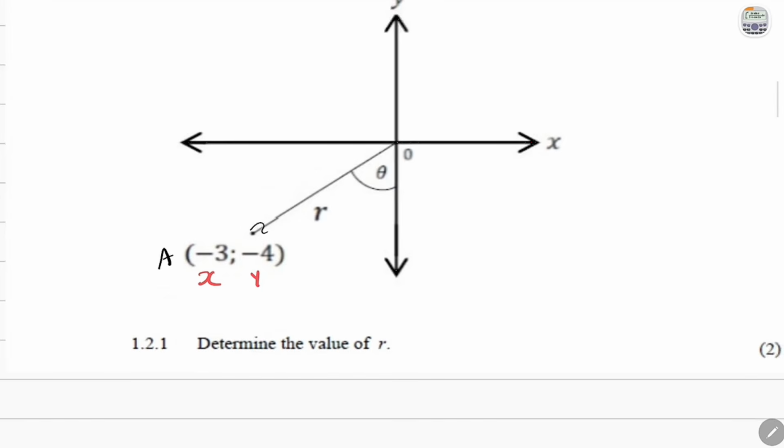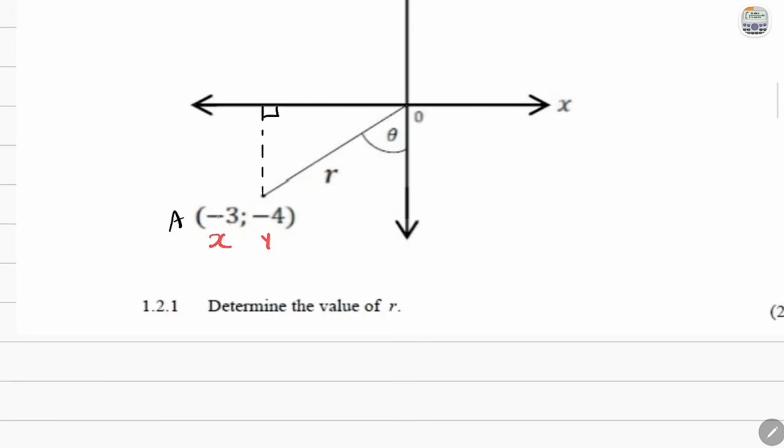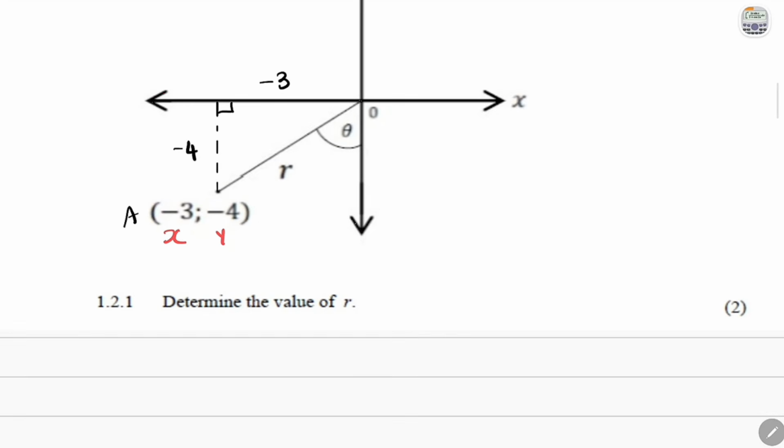So we'll draw a line from this point to the x-axis, and this line is of course going to be perpendicular to the x-axis. Now, when looking at this point, -3 and -4, to plot it, you would go 3 units to the left and then 4 units down. So that -3 goes here, and the -4 goes here.